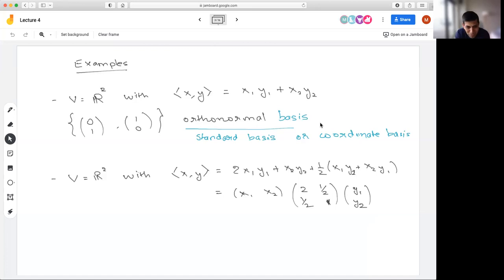Okay, let's start with the vectors we already have. So these vectors (0, 1) and (1, 0). Are they still orthogonal?